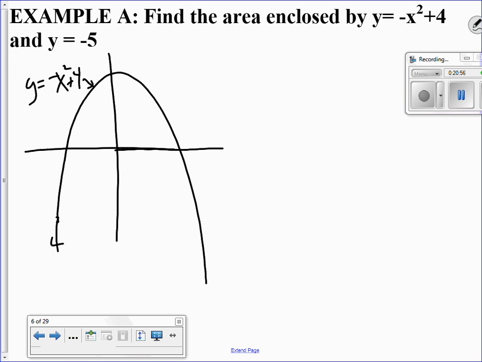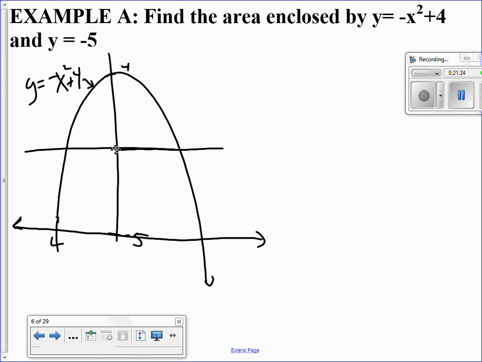Tell me what the graph y equals negative 5 looks like. Horizontal line. Thanks for saying horizontal. That was nice. All right, this goes up to 4, doesn't matter. So negative 5, all the points whose y coordinate is negative 5. There we go. We are going to find the area enclosed by this parabola and that line.